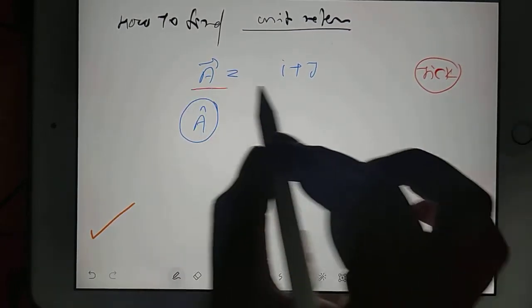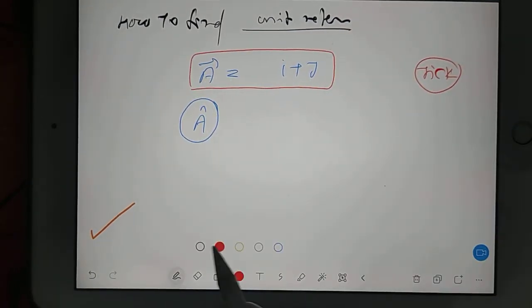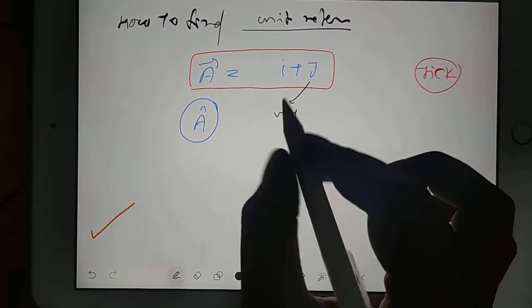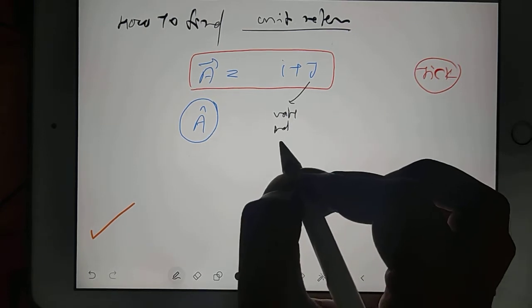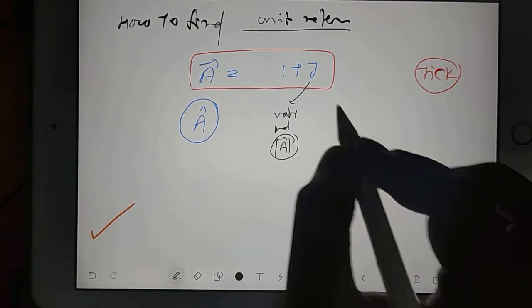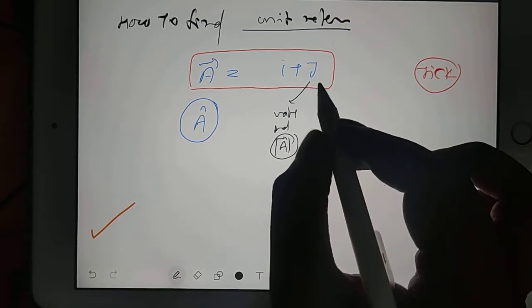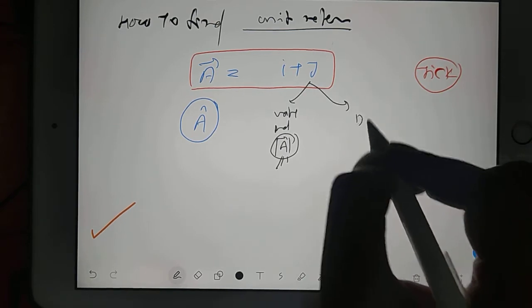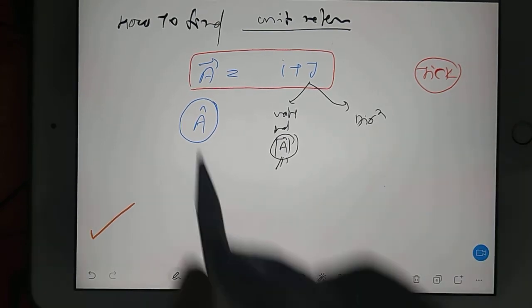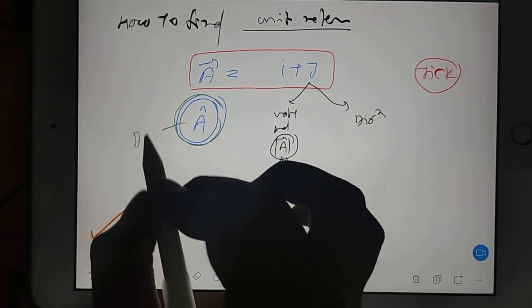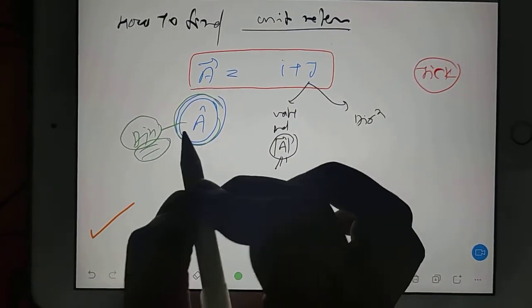See, any vector contains two things. One is value, which we call the modulus of A, or the magnitude of A. The other is direction. A cap is nothing but direction, the direction in which the vector is acting.